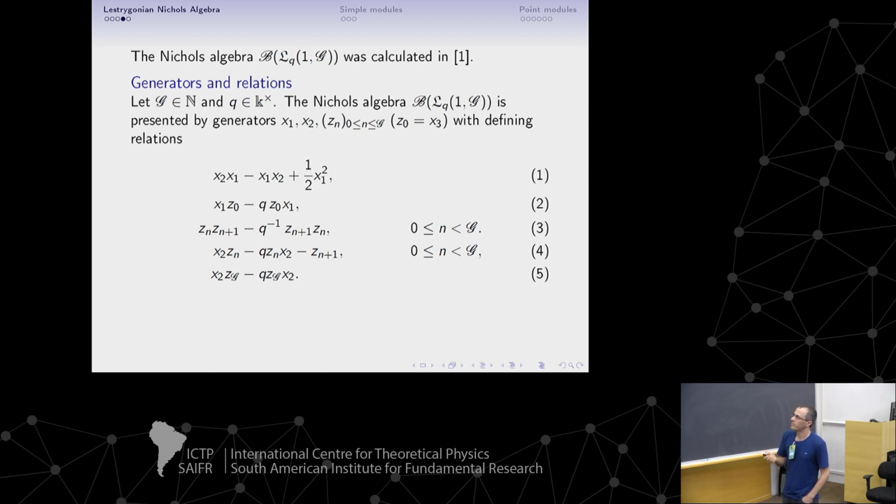In fact, more. This algebra is called Lestrygonian, or algebra of Lestrygon. Nicolas can explain better the origin of the name.